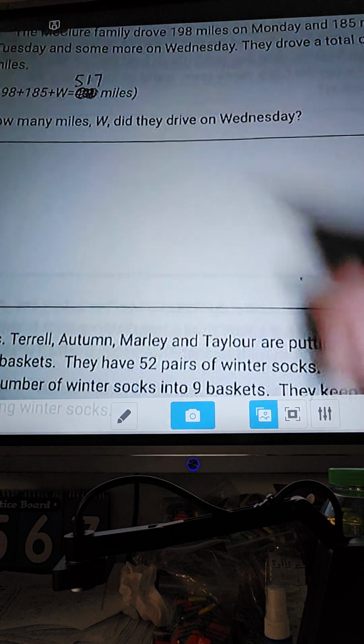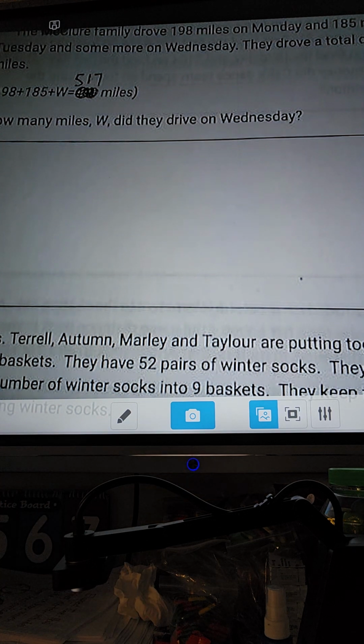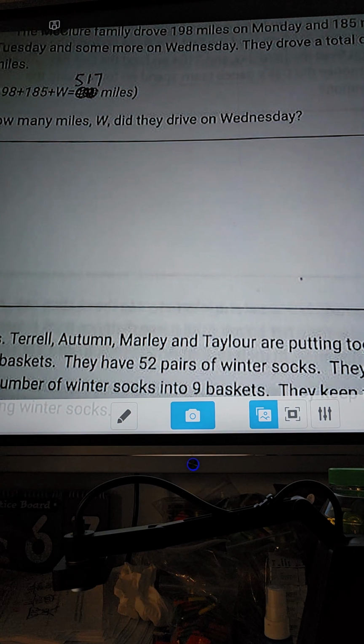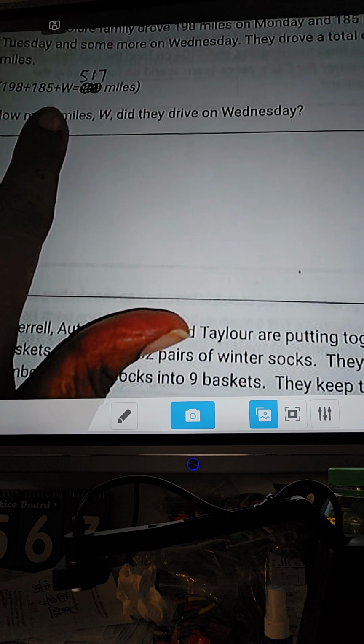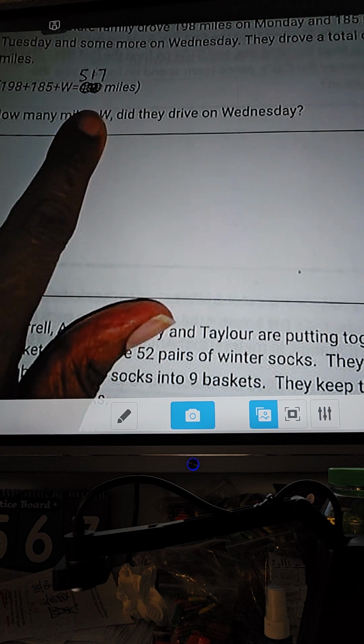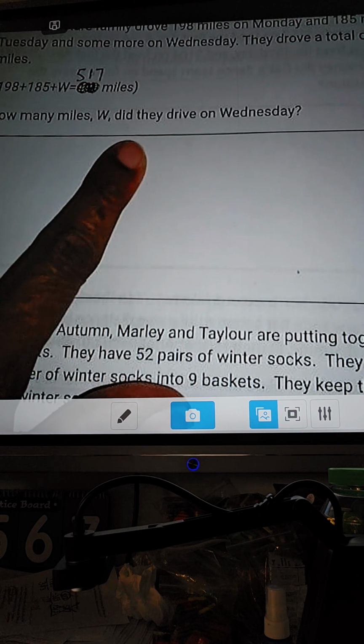Forgot, this is supposed to be 517 right here. They drove a total of 517 miles, which is 198 plus 185 plus W equals 517 miles. How many miles, which is W, did they drive on Wednesday?